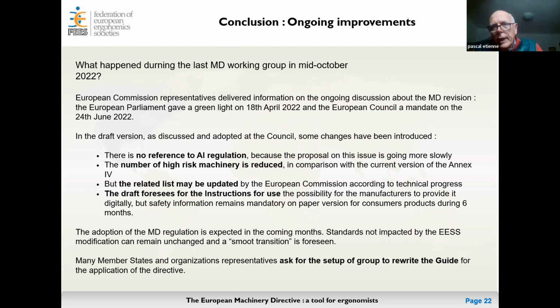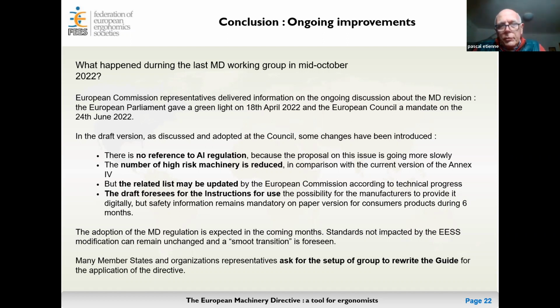So it is not very clear for the moment, the definitive issue on that. And also the related list of high-risk machinery is reduced and also can be modified by the European Commission according to technical progress through so-called delegated acts.